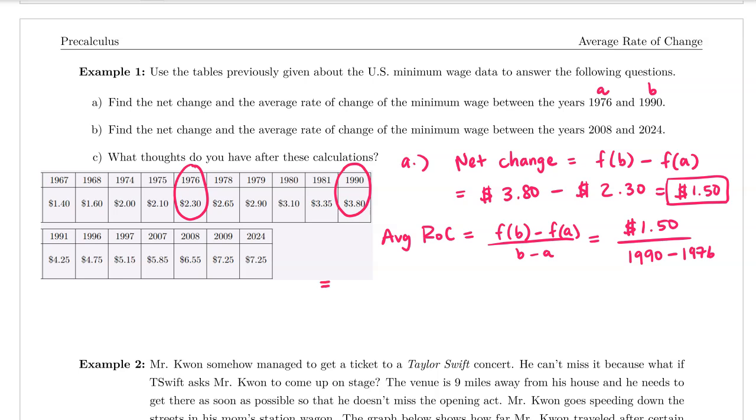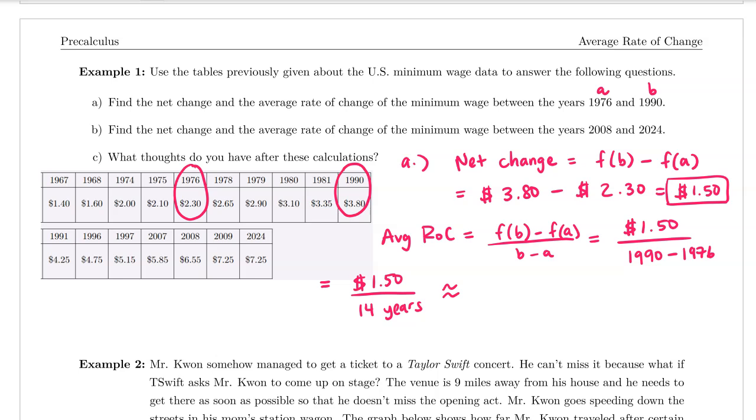So that's going to end up equaling $1.50 over the span of 14 years. Now, if you throw this into a calculator, it's going to be 0.107 and more numerical values after that. But because we're talking about money, let's round this to the nearest cent.